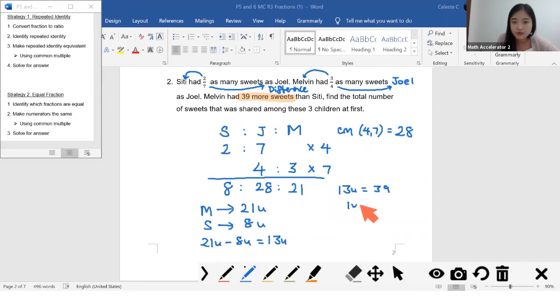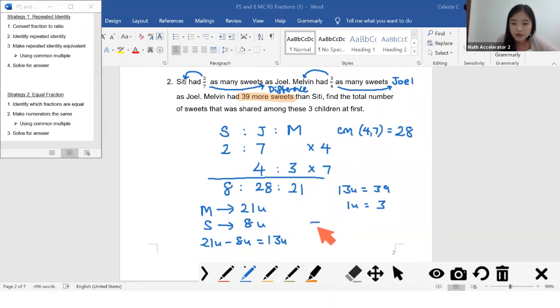Find one unit first. So what's one unit? Three.